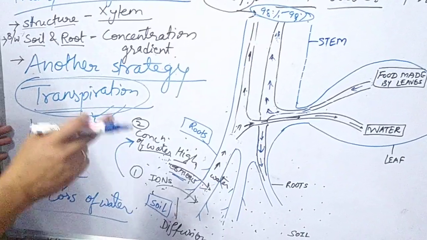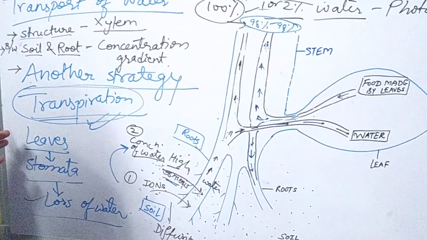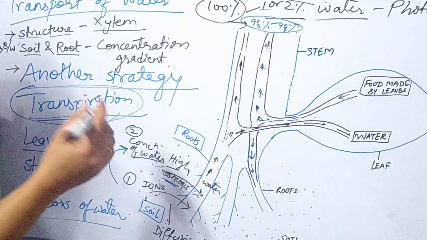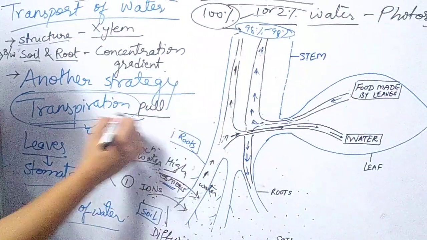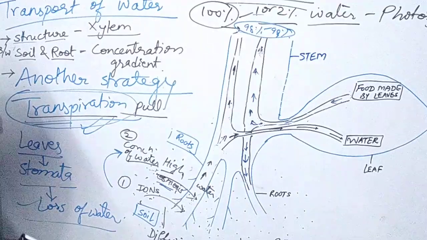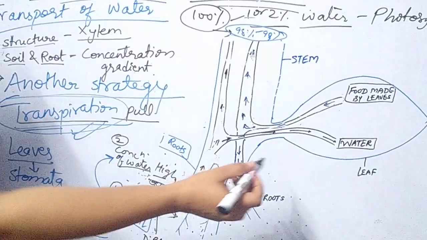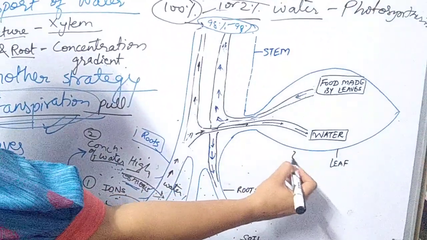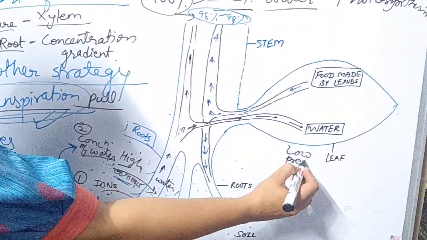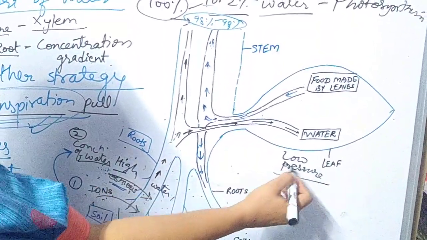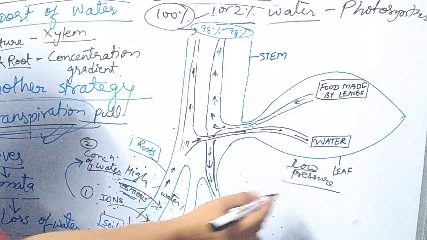This transpiration will create a suction pull, or we can say transpiration pull, in the stems of the plant, which will create a low pressure area in the leaf.